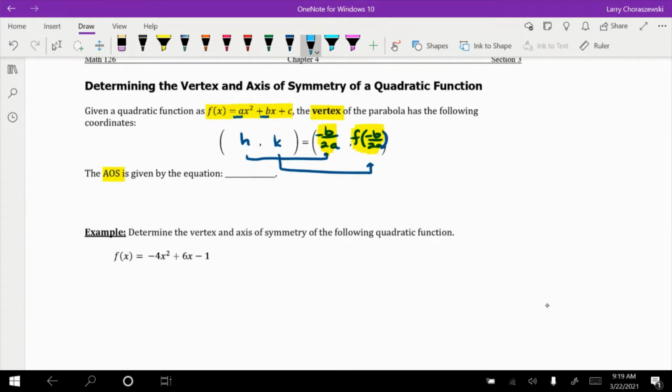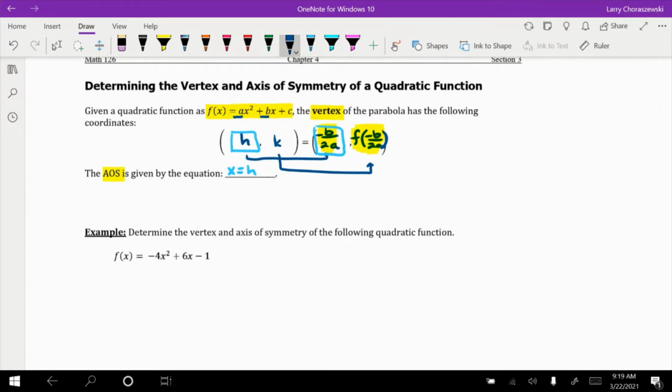Because it's a vertical line, the equation would be in the format x equals. And since it's going through the vertex, it's going to cross the x-axis at the value of h, as we'll see when we go back to page 1. So the axis of symmetry is always given by the x-coordinate of your calculated vertex. I'll just put x equals h.